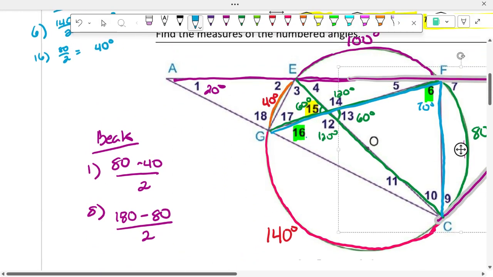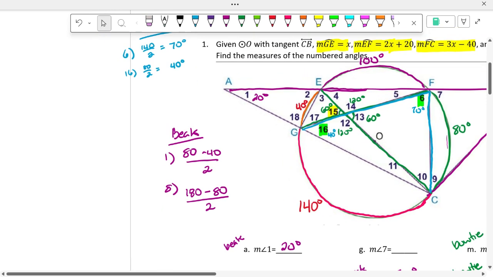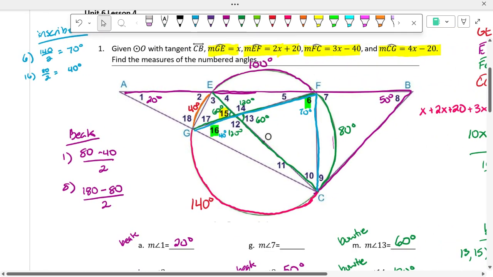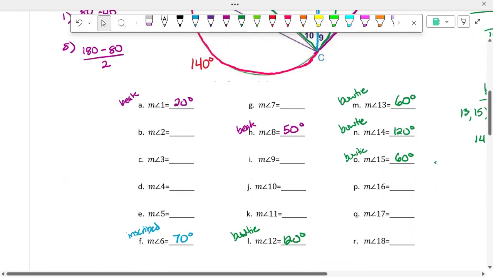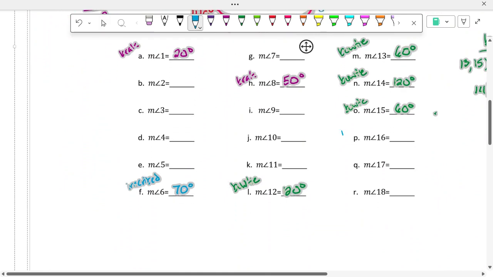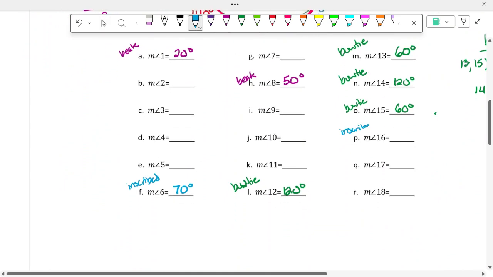So 16 is 40 degrees. So 16, it's also inscribed. So 40 degrees.